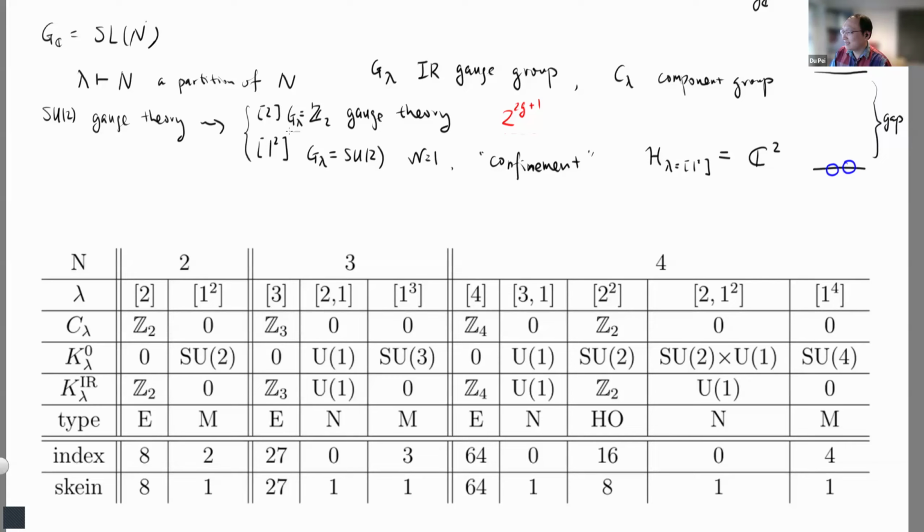It turns out that all the vacuum states here, so in this case, H lambda equals 2, that's 2 to the 2G plus 1 dimensional space. And any of these, if we use this as a test vector, test state, can separate some skein classes.